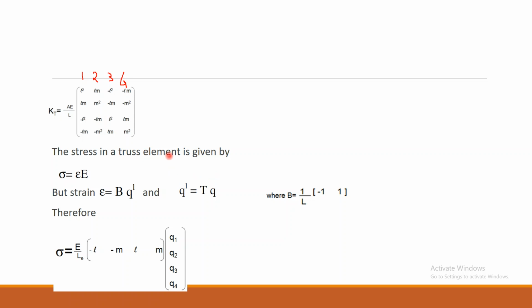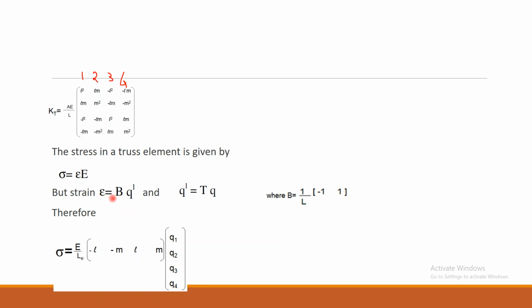And coming to the stresses developed in the truss element, it becomes sigma is equal to E into epsilon. The same equation is applicable here also. And as I said, the strain will be represented in terms of the B matrix, as we saw in the derivations of the bar problems.